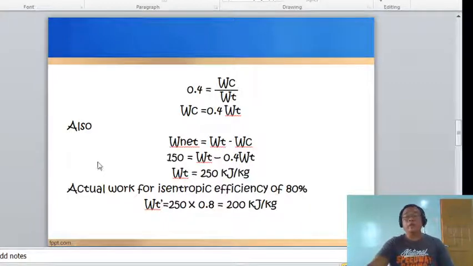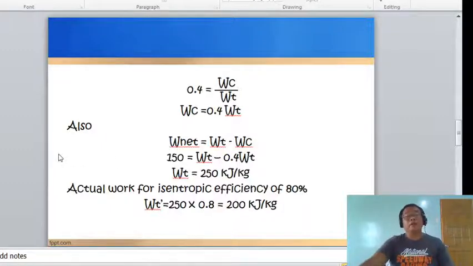But on the compressor part, the work will increase. Take note of that, class. In the turbine, the work will reduce, and in a compressor, it will increase because of the inefficiency. So take note, in compressing the air, it requires more power because of the inefficiency.